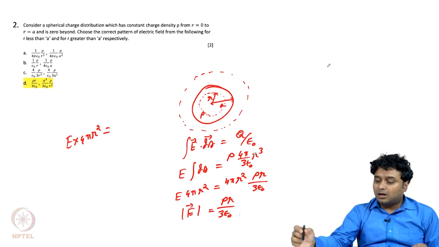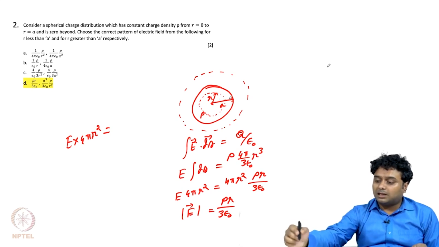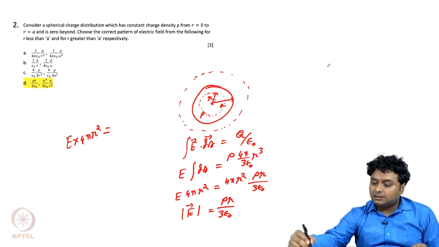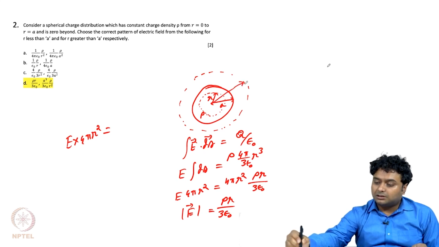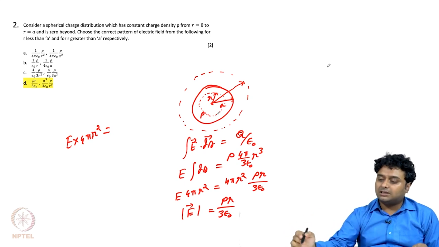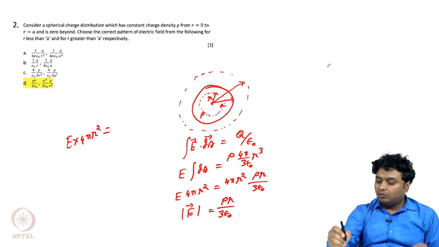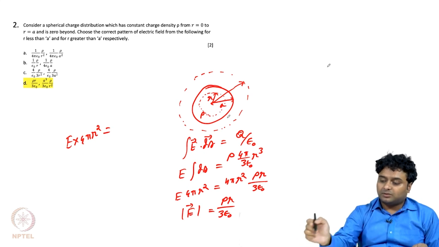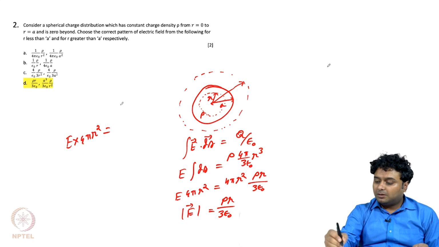Now this q, earlier it was 4 pi r cube, but now r is greater than a, and the charge is only till a. The total charge is then not dependent on small r, it is only the volume of the actual sphere, and that is 4 pi by 3 a cube.